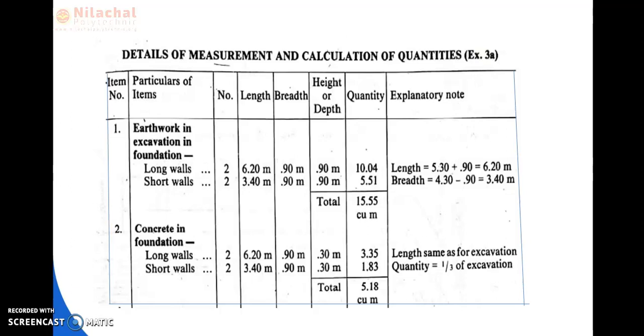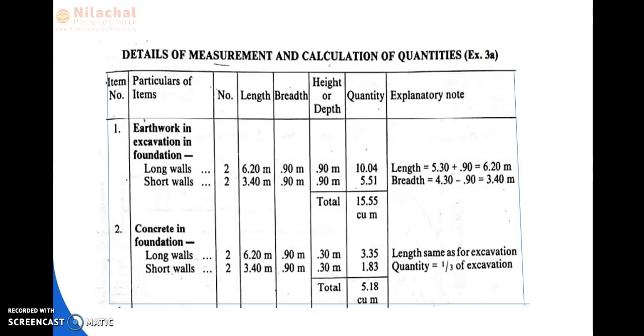Okay. And here the length of long wall is how much? Length of long wall is 6.20. Why? The length of long wall for concrete in foundation and excavation is equal, and the length of short wall in concrete in foundation and excavation is equal, because the excavation breadth is equal to the cement concrete in foundation breadth.